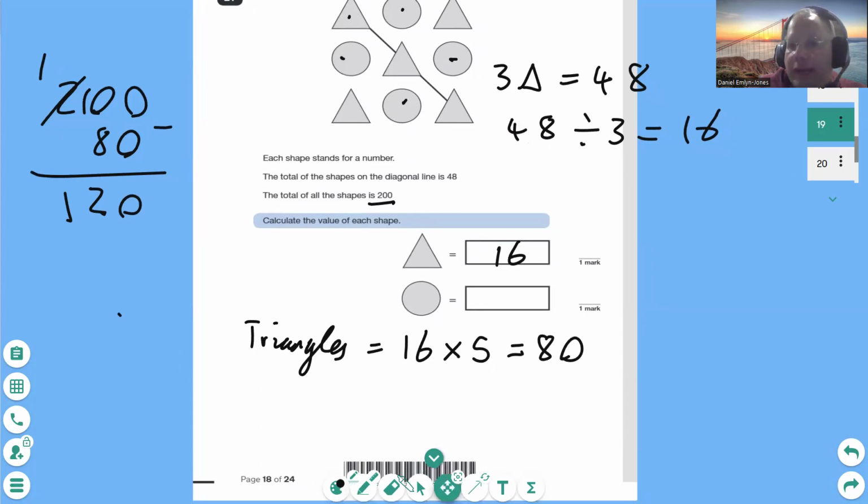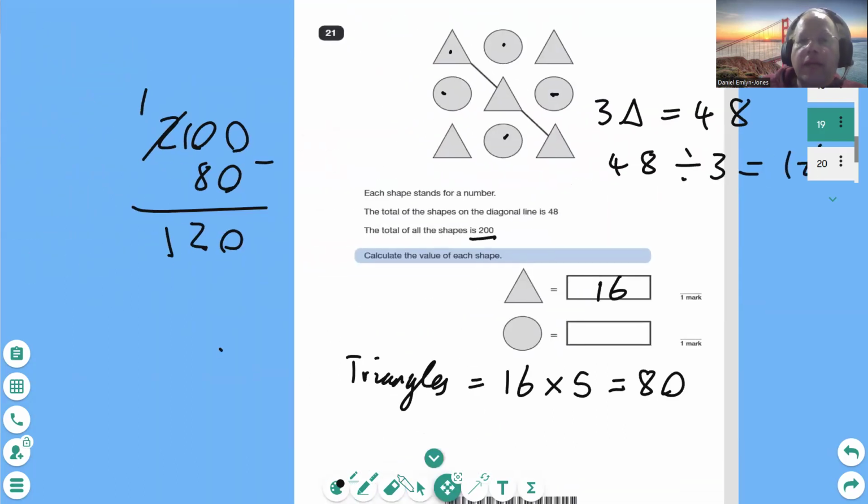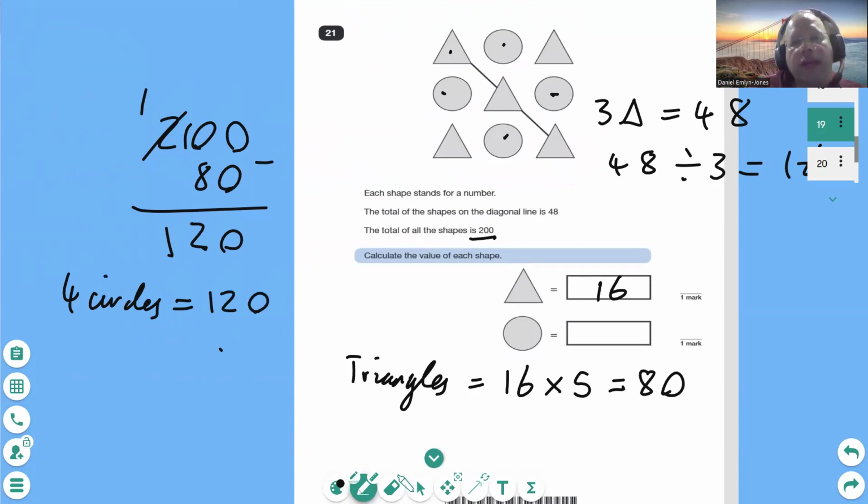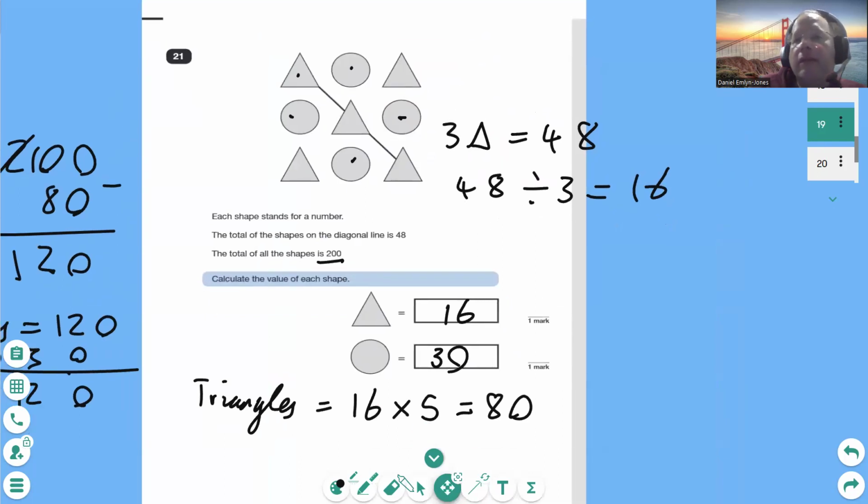Let's do it over here, like scribbling. 4 circles is 120, isn't it? So we do 120 divided by 4, which gives us 1 circle. 30. Yeah, that's right, isn't it? You can do that in your head, probably. Well done. Okay, great.